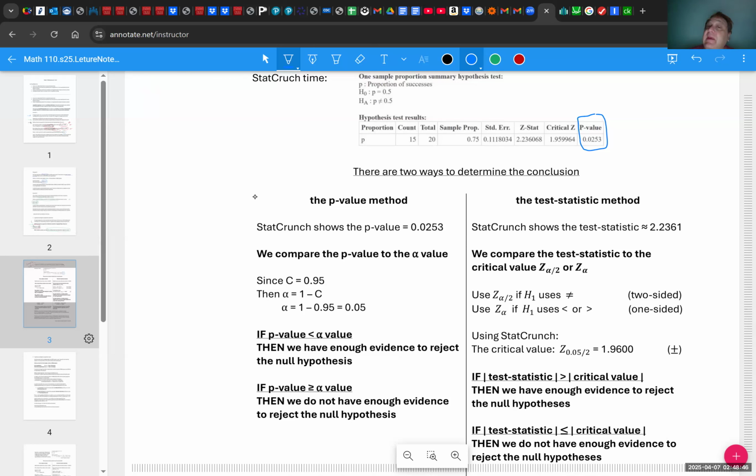That's the probability that I would have gotten the sample results, the 75% or 15 tails out of 20 flips, if the coin was truly a 50-50 coin. So it's pretty unlikely. There's only a 2.5% chance, just by luck or random happenstance, that I would have gotten 15 tails if the coin was really 50-50.